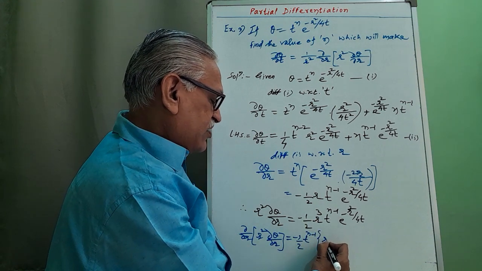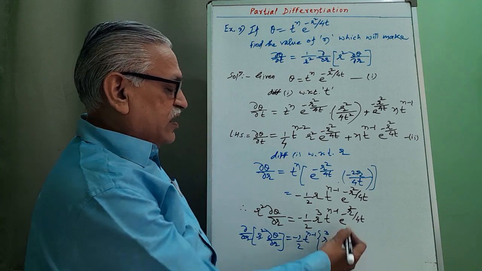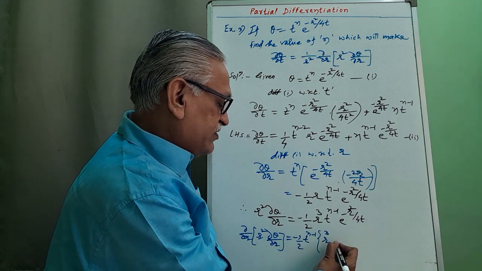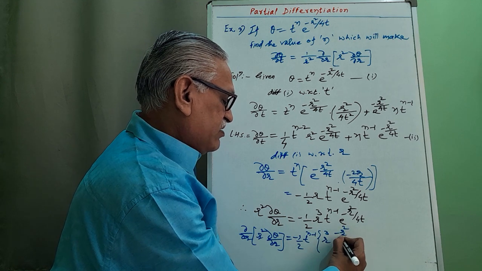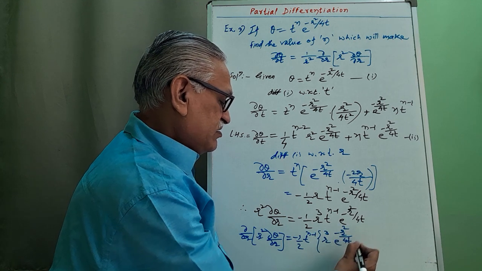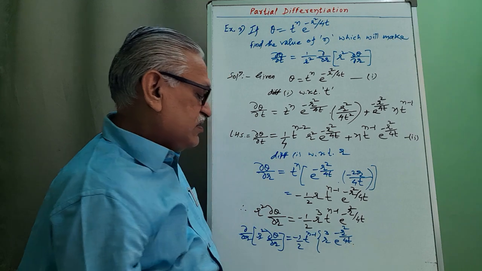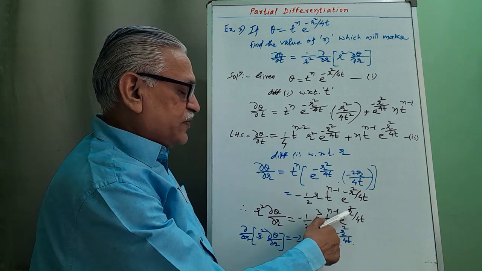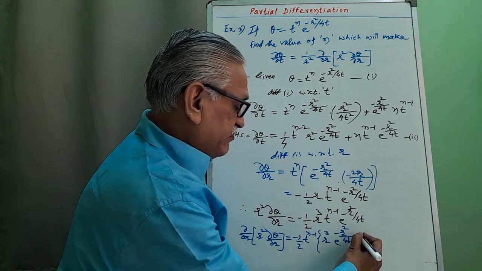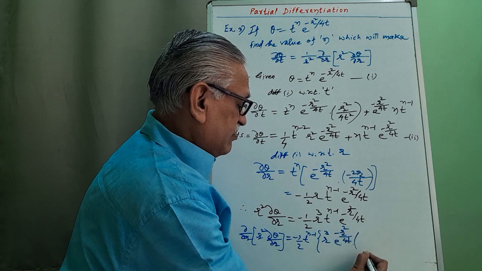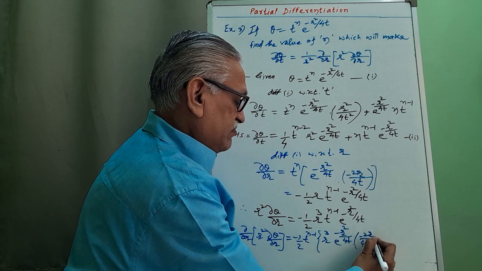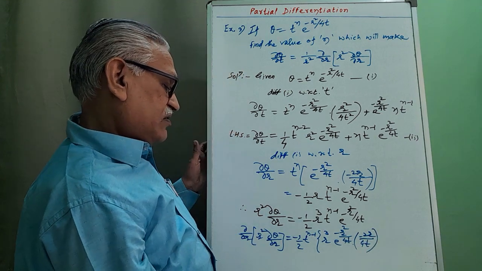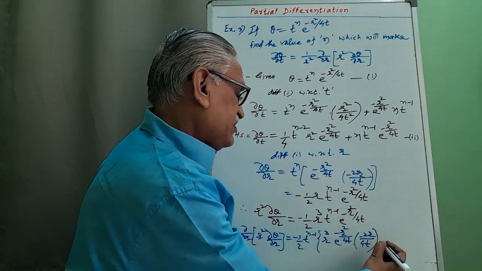Therefore, first term r cube, derivative of this term with respect to r is e raised to minus r square by 4t. Chain rule. Differentiation of this term with respect to r, minus 2r divided by 4t, plus second term as it is.